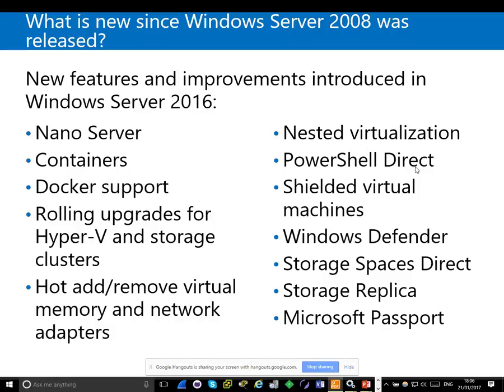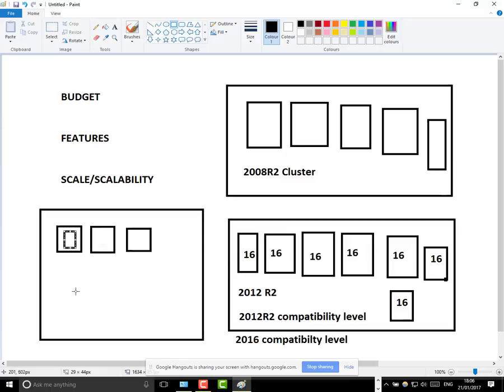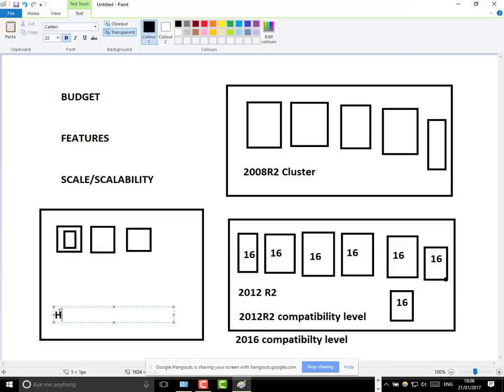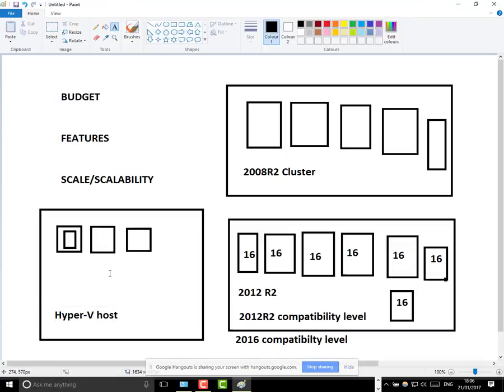PowerShell Direct is a quick one where you have a Hyper-V host, as we explain here. You don't need network connectivity to these virtual machines to be able to run PowerShell commands on them.